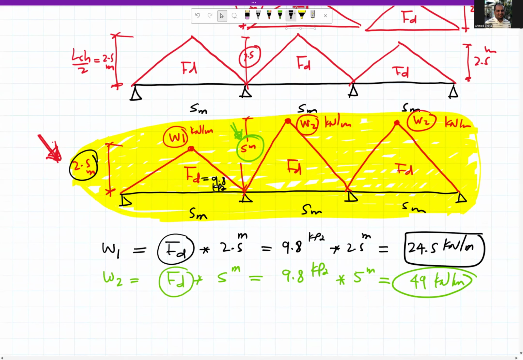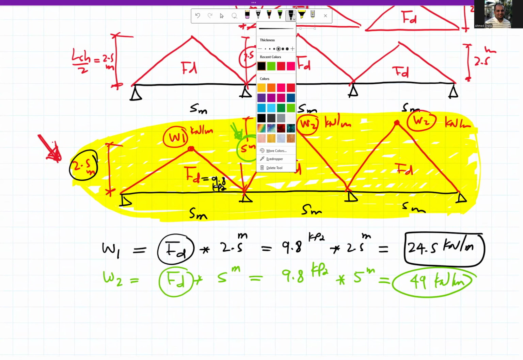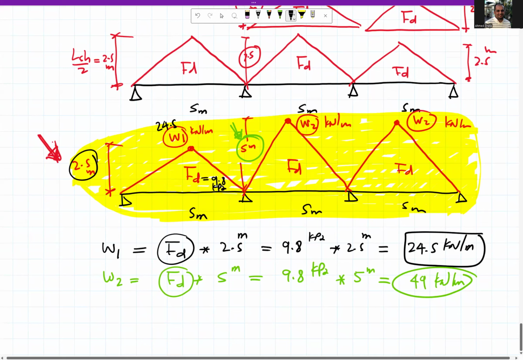So this means that the value here is 24.5 kilonewton per meter. The value here is 49 kilonewton per meter. The value here is 49 kilonewton per meter. So this is the requirement for the beam loading.